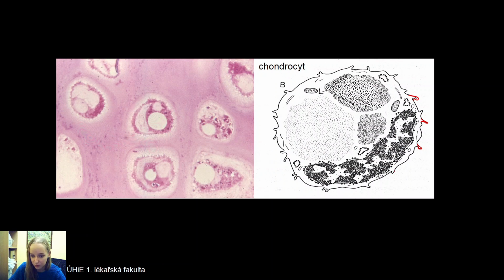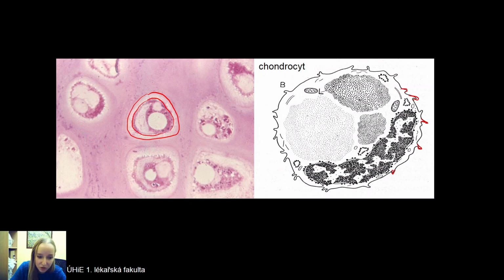They are not able to move, so the protrusions are just for absorption. They live in lacunes. So this is one lacune with one chondrocyte inside.